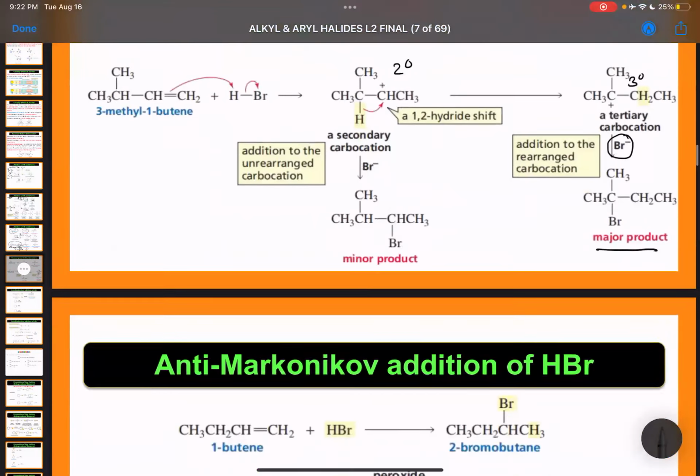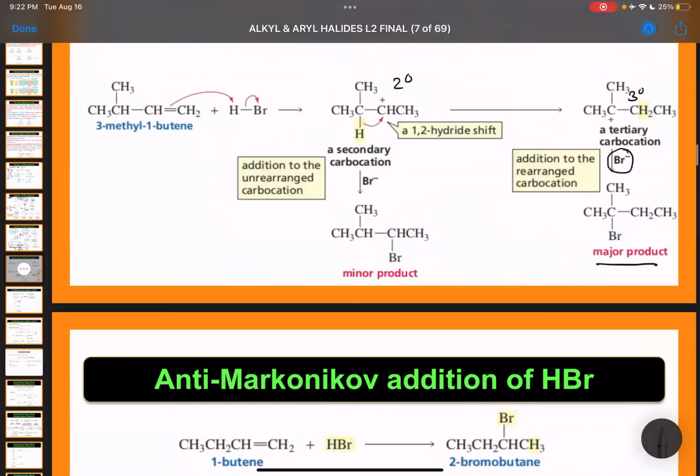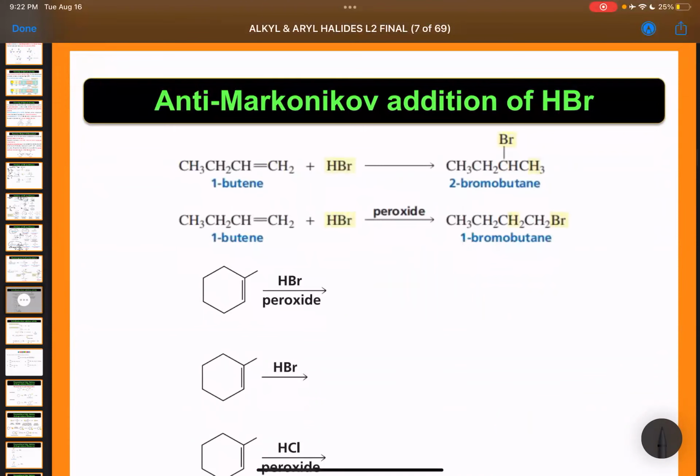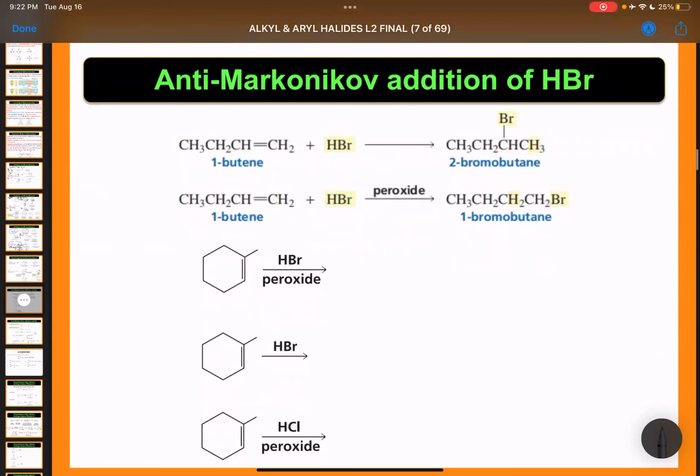Okay. So there is one more way of addition, and that is anti-Markovnikov addition. That can also happen. Okay. So when does anti-Markovnikov addition happen, and with whom?